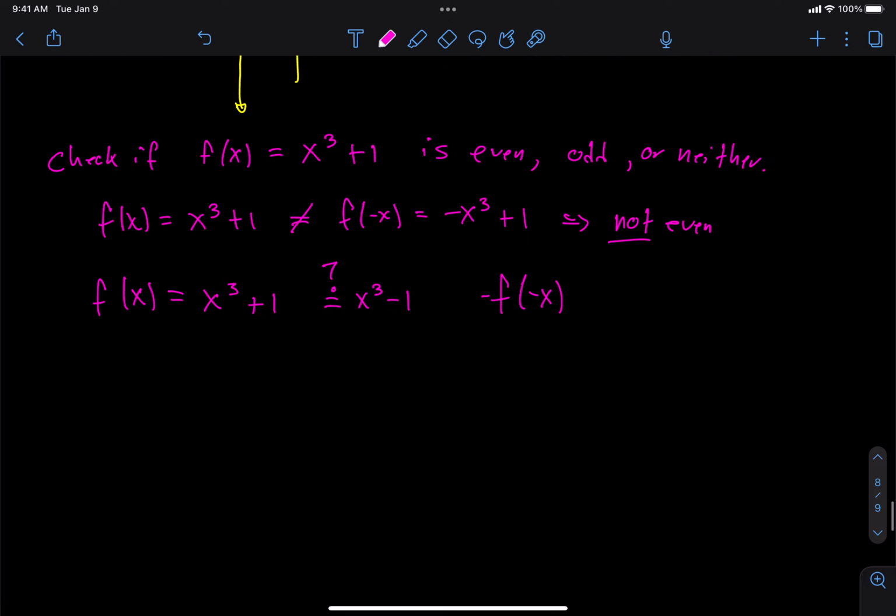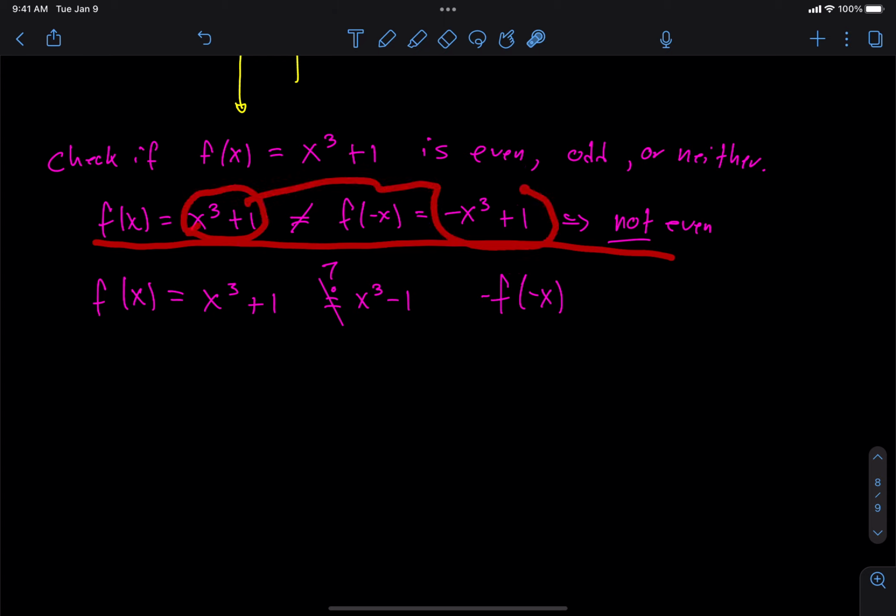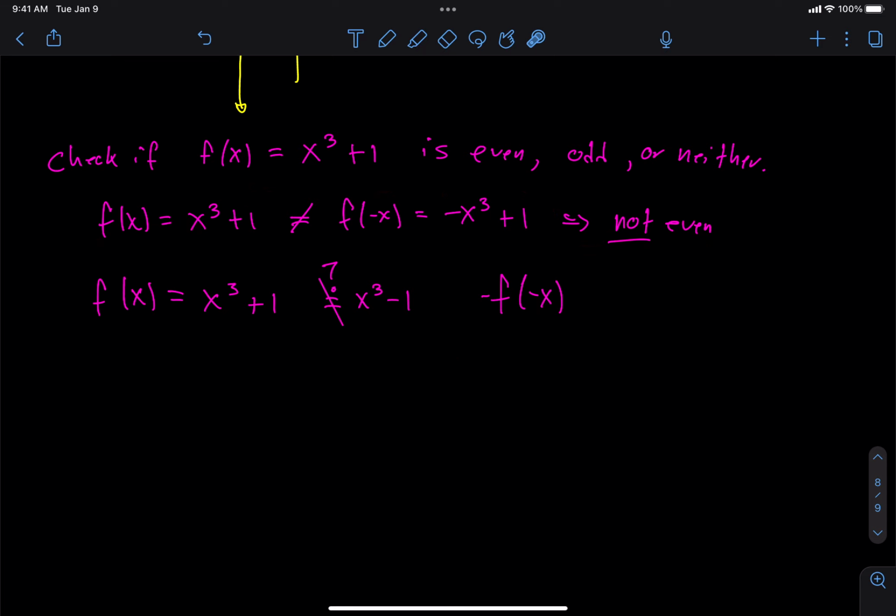So we have a situation here where we tried to check if it's even, and we got something which was not equal to the other thing. So it's not even. Then we tried to check if it's odd. So we check whether f of x is equal to negative f of negative x. And x cubed plus 1 is not the same as x cubed minus 1. So what can we conclude?